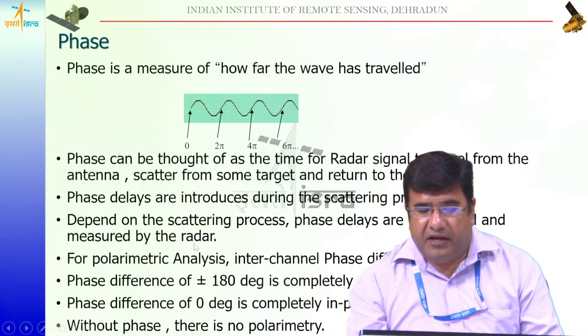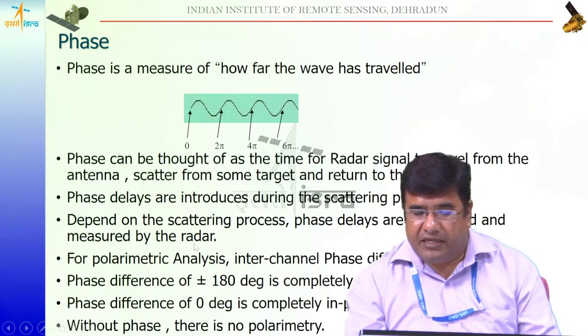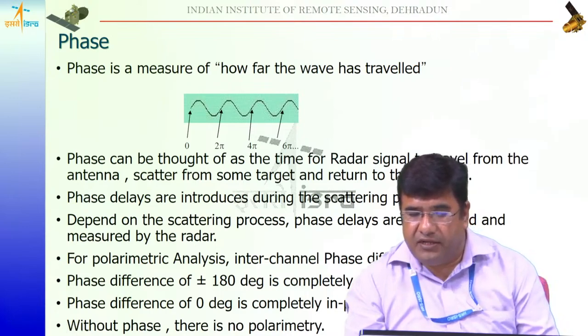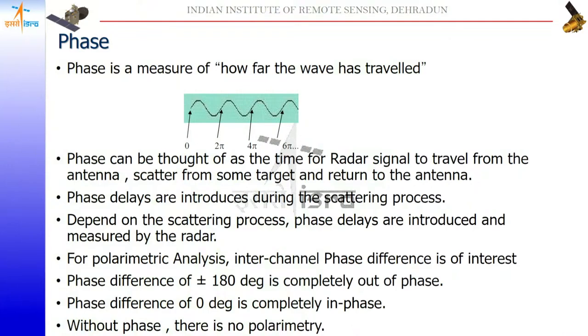So when we send the SAR signal, it will do the scattering, this scattering process will introduce the phase delay, and the radar will measure that phase delay. We can have multiple channels like HH, VV, VH and HV, and we can deduce the relative phase between them. From there, in the polarimetric analysis, we can find the interchannel phase difference for deducing what type of target it is.